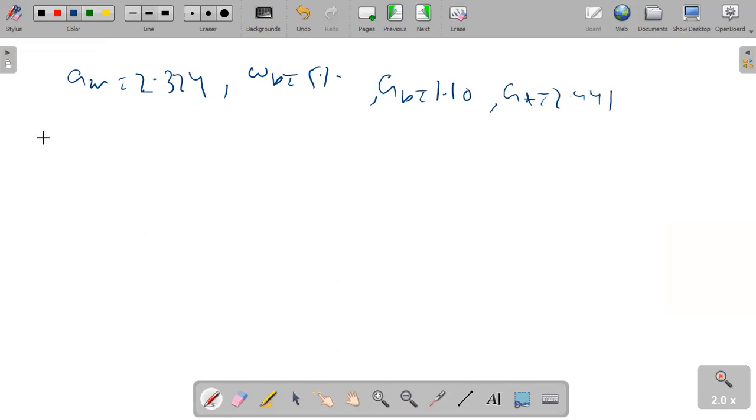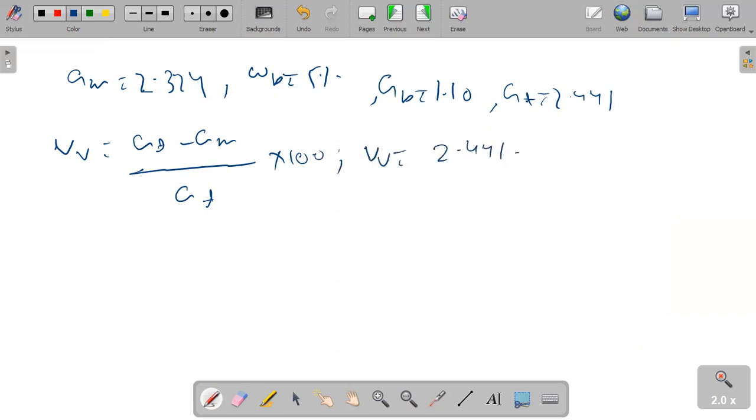So let's first calculate VV, which is equal to GT minus GM upon GT into 100. That is VV is equal to 2.441 minus 2.324 upon 2.441.